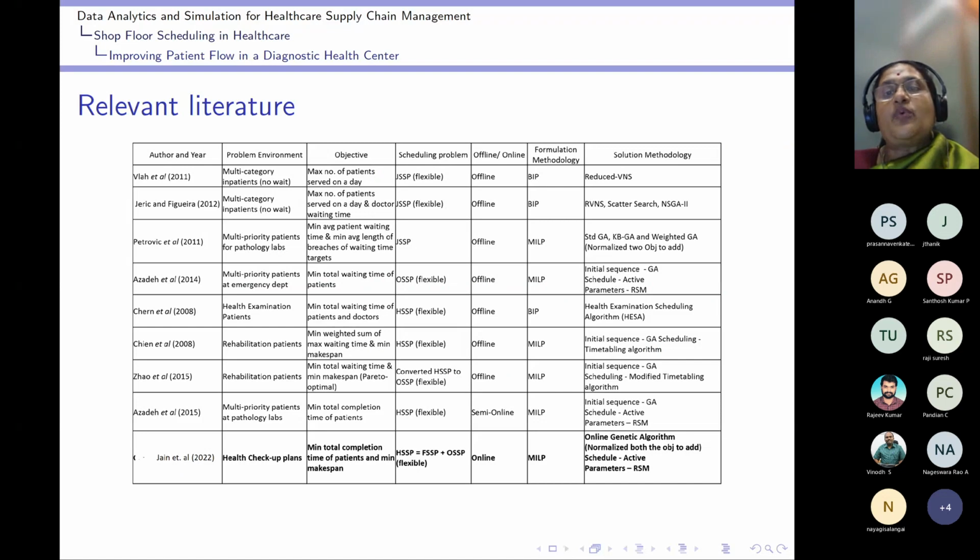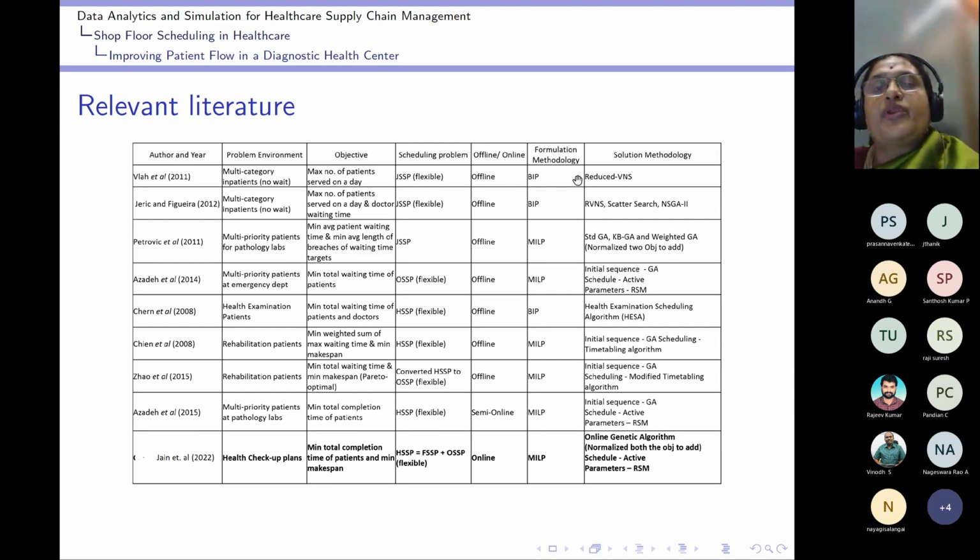Now, as you can see on your screen, modeling healthcare using a shop flow scheduling problem is not new. As early as Via et al. in 2011, they modeled it as a job shop scheduling problem.